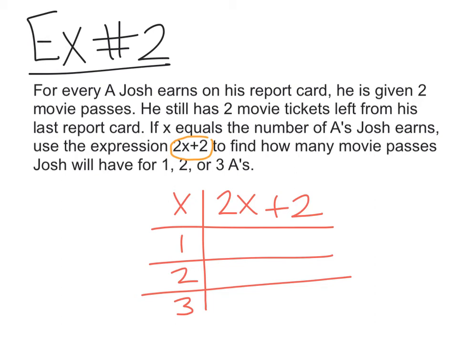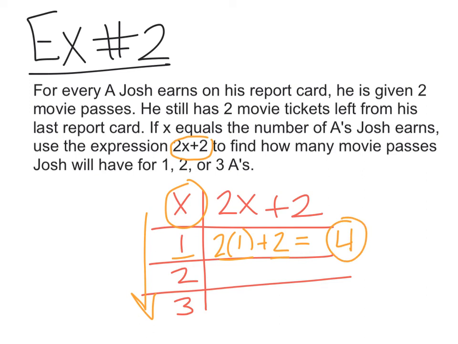So we plug in these numbers for x. So start with the 1. That would give us 2 times 1 plus 2. And 2 times 1 is 2, plus 2 gives us 4. Now let's plug in a 2 for x.